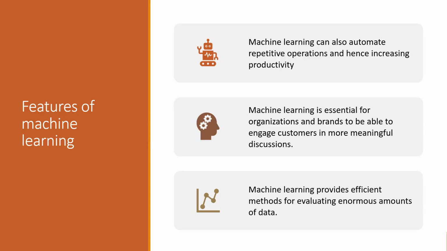Companies generally target their consumers, and it is one of the most important strategies to increase their engagement, boost brand loyalty, and build long-term customer connection. So machine learning is essential for organizations and brands to be able to engage consumers in more meaningful manner. Moreover, machine learning is perhaps the most effective technology for achieving increased level of efficiency by combining it with IoT.